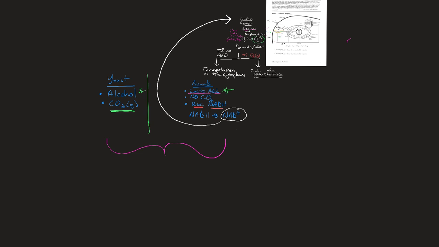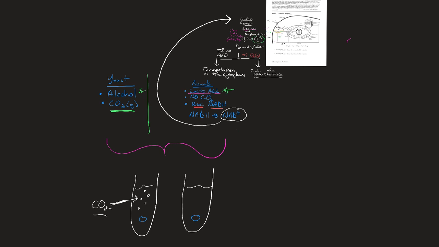So if fermentation was happening in an animal cell of some kind versus a yeast cell of some kind in a test tube, and you put them under the right conditions so there's very little oxygen, what you'd expect in the yeast cells is bubbles. And what's in those bubbles? CO2.